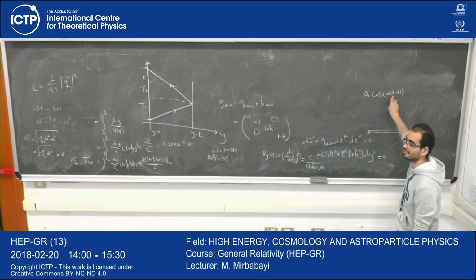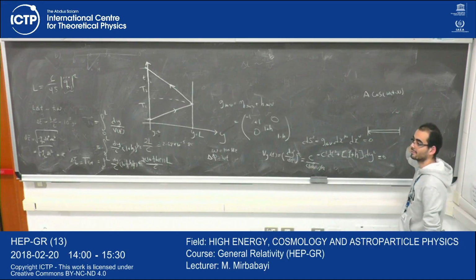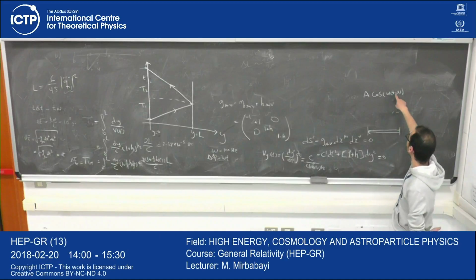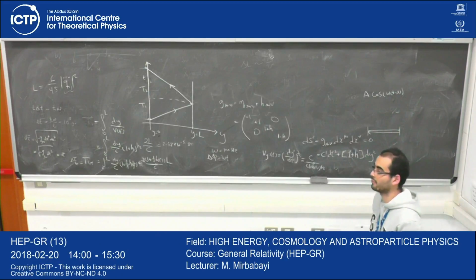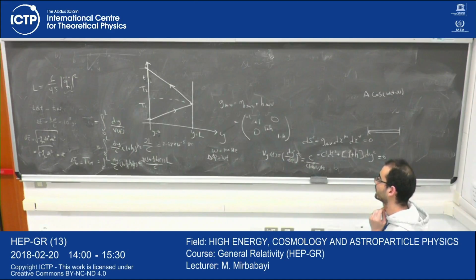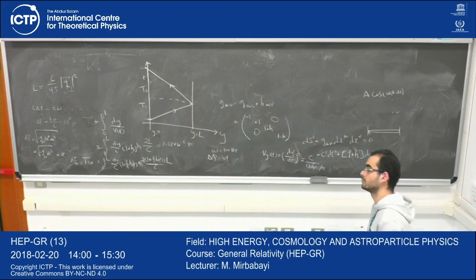It is the time that you send the photon. We saw that the time it takes for the photon to go and come back is much shorter than the period of your gravitational waves.